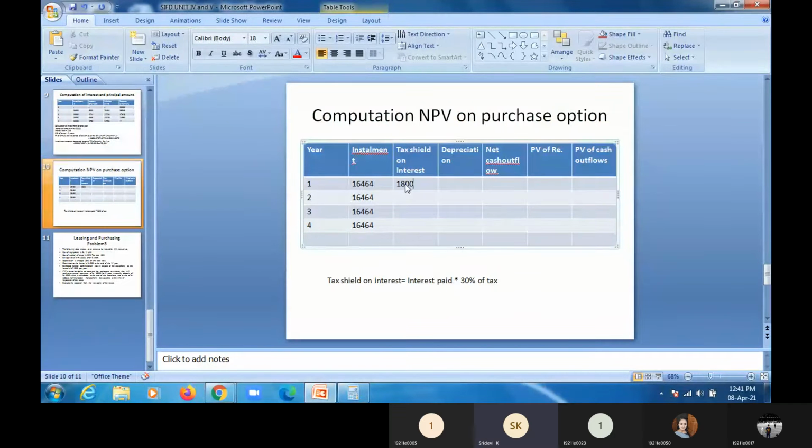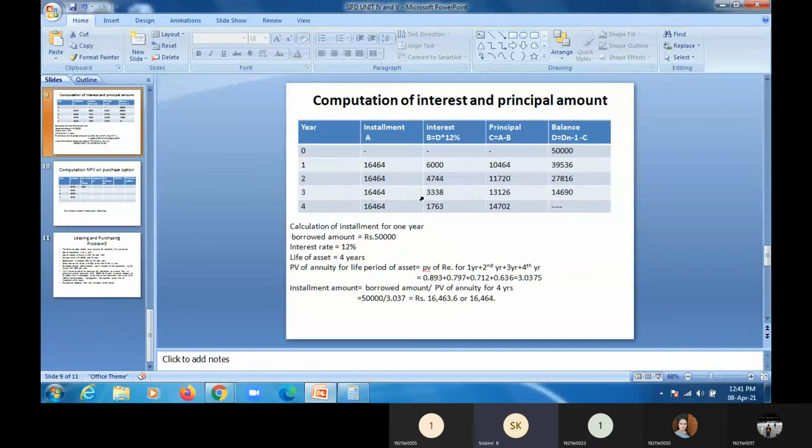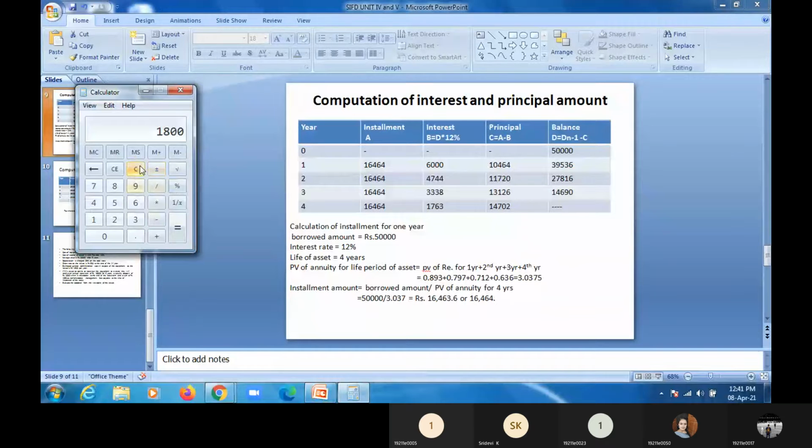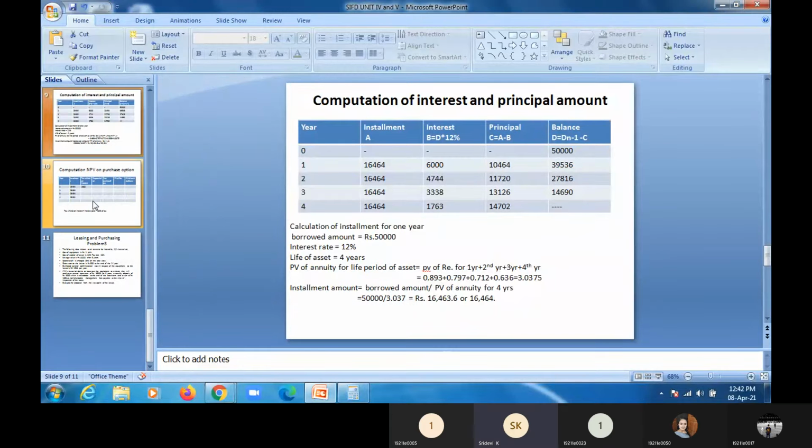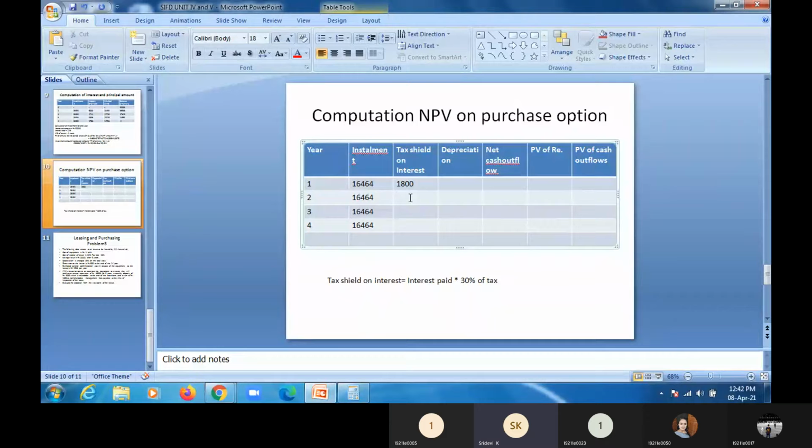Second year interest is how much? 4,744. On this 30% is 1,423. So 1,423 is the tax shield for the second year.